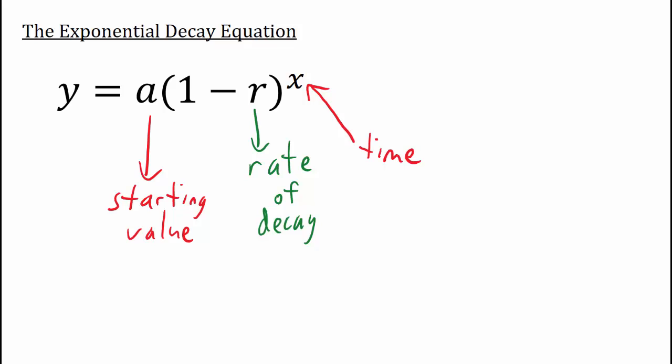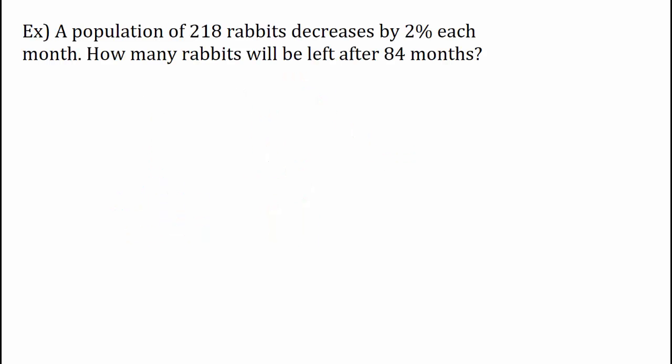Let's give this equation a try with a different example. Here's a problem that's hard to solve with a table of values or a graph. It'll be easiest to use an equation here. A population of 218 rabbits decreases by 2% each month. How many rabbits will be left after 84 months?